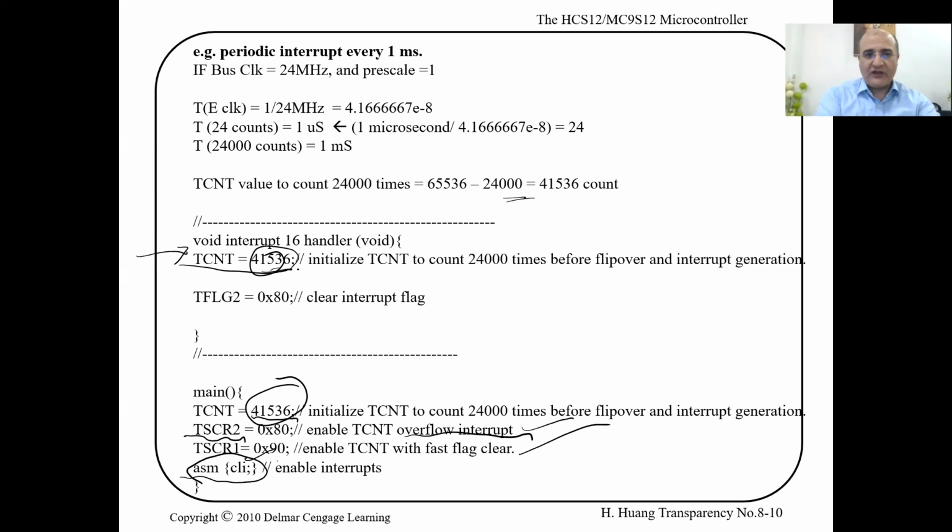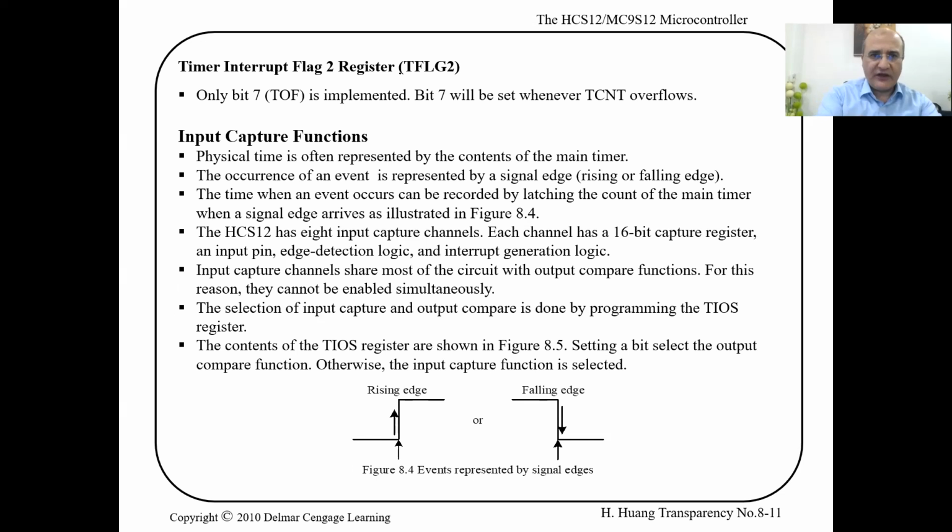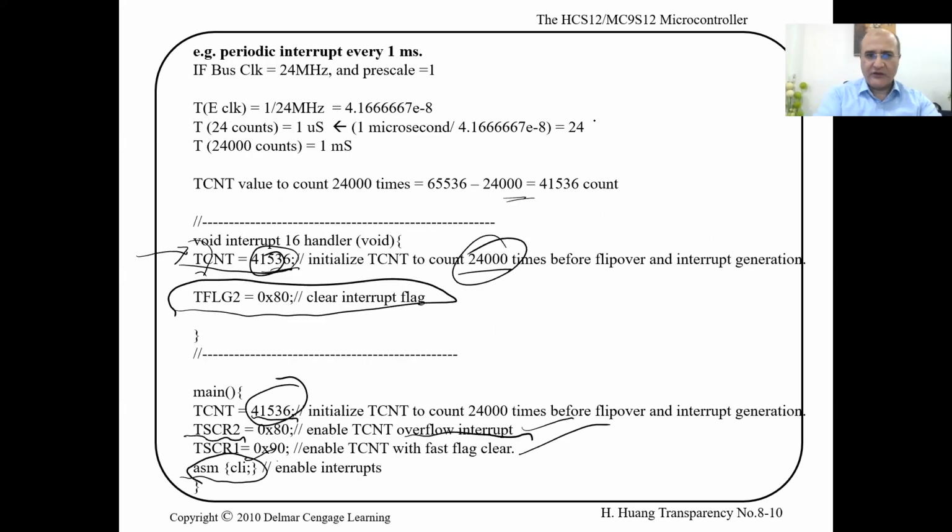So you write the initial value again, so it will keep counting 24,000 times every time before coming into the interrupt. And we don't forget to clear the flag before we leave the interrupt. The flag is in the register called TFLG2, bit number 7. This is the timer overflow flag. How do we clear it? By writing a 1 to it.